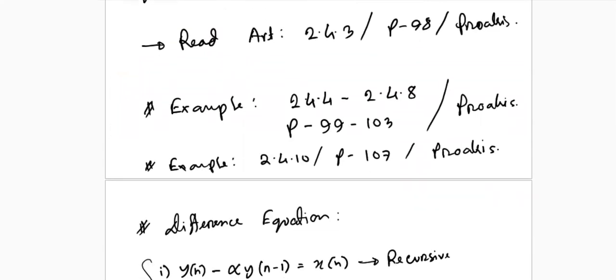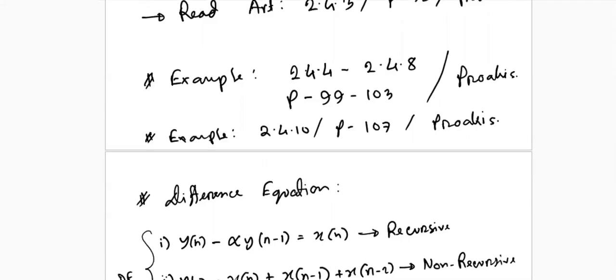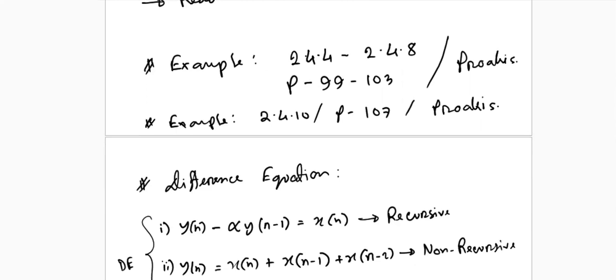Not necessarily, I'm writing here some examples. So there are a lot of examples, like this is 2.4.4, 5, 6, 7, 8, then 10. So all the examples, please go through all the examples given in your book. This is very important for you.